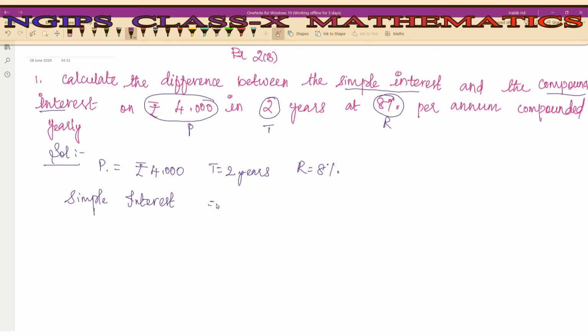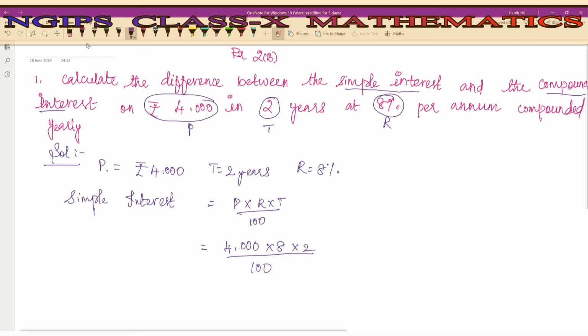Simple interest. Here the simple interest is equal to principal into rate into time divided by 100. So we have the principal 4000, rate 8, and time period 2, divided by 100.